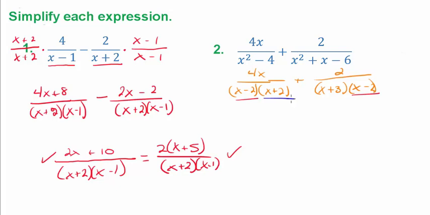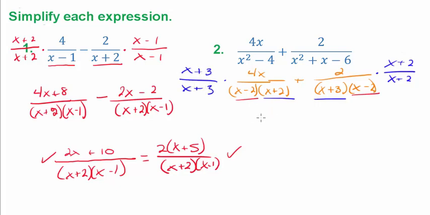But I am missing an x plus 2 in the second fraction, so I will multiply by x plus 2 over x plus 2. And I'm missing in the left fraction an x plus 3, so I will need to multiply by x plus 3 over x plus 3.